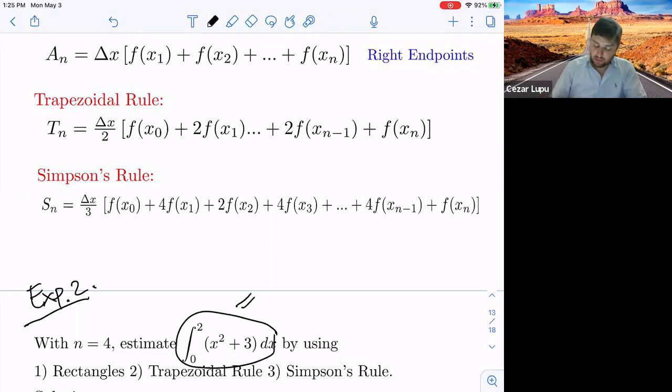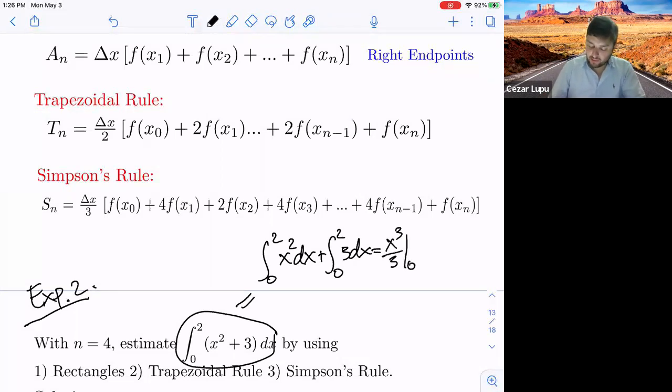So this can be written as the integral from 0 to 2 of x squared dx plus the integral from 0 to 2 of 3 dx. And this will give us, the first one will be x cubed over 3 from 0 to 2 plus 3 times x from 0 to 2, which will be equal to 8 over 3 minus 0 over 3, which is 0, plus 3 times 2 minus 0.